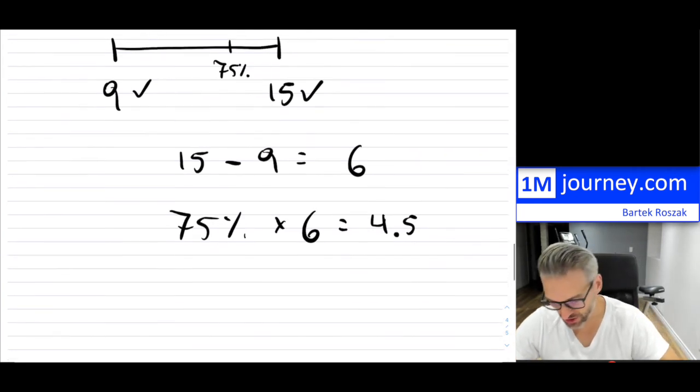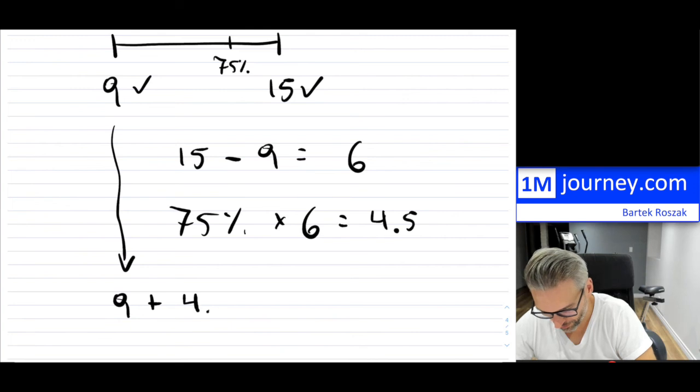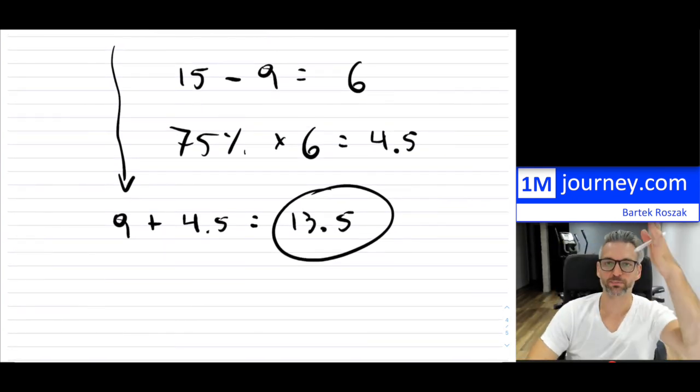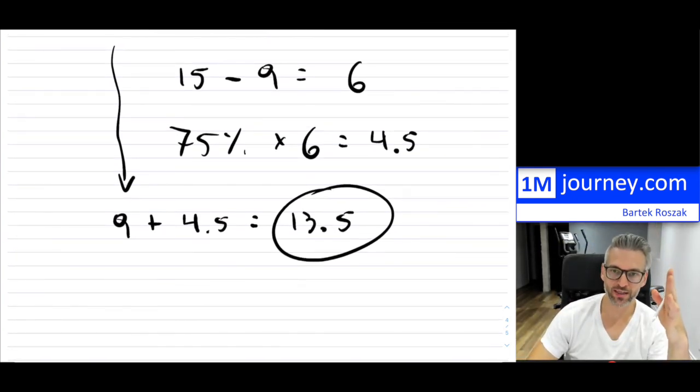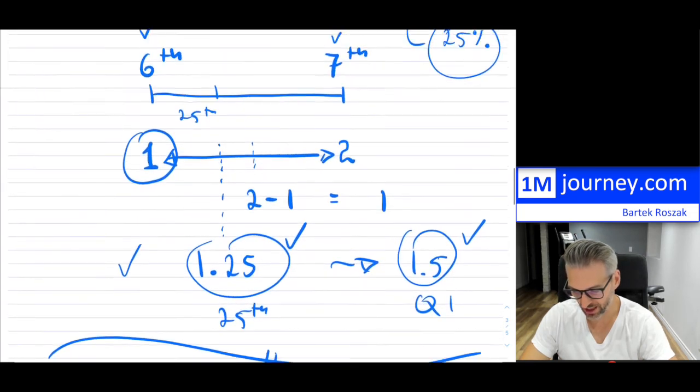And now you say, well, 9 plus 4.5, in this case, is going to be 13.5. And that becomes your boundary point for the 95th percentile. So those are the calculations and hopefully understanding percentiles.